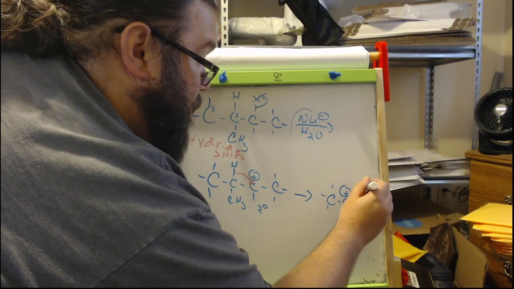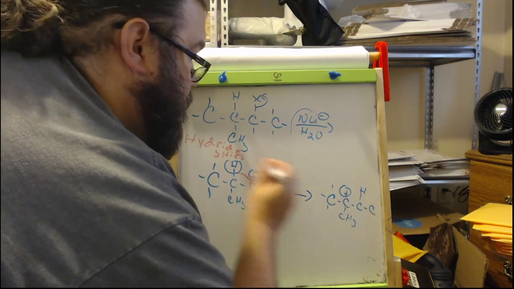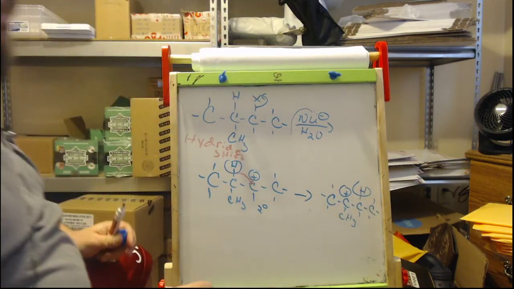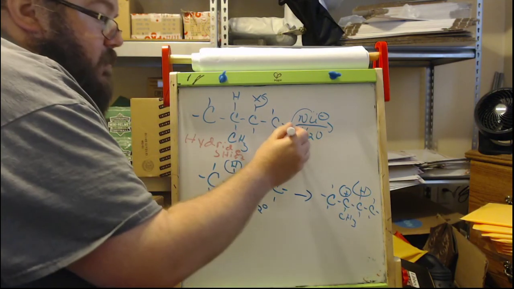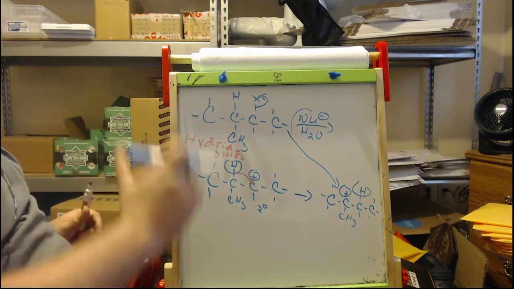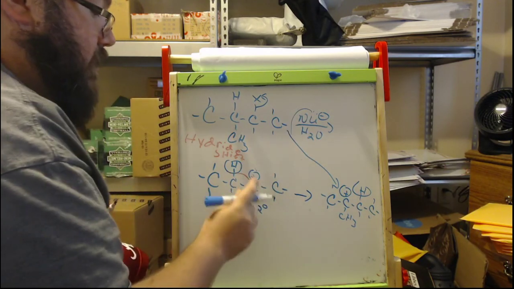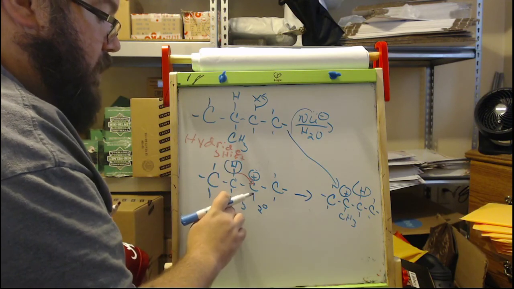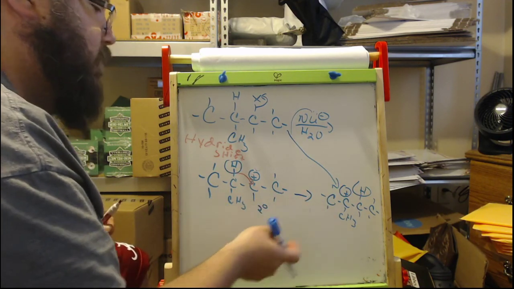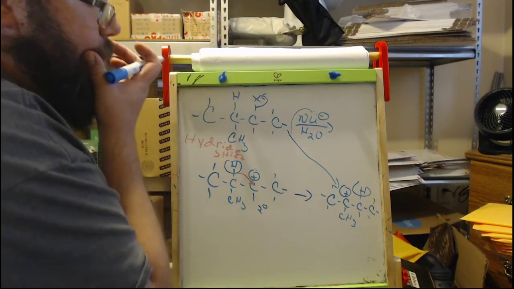That hydrogen that moved is now here. Now my nucleophile attacks there, and instead of having, let's say, 2-methyl-3-bromo, it's now 2-methyl-2-bromo.